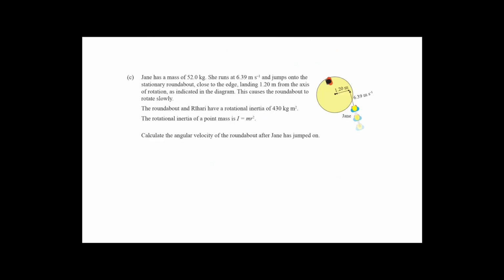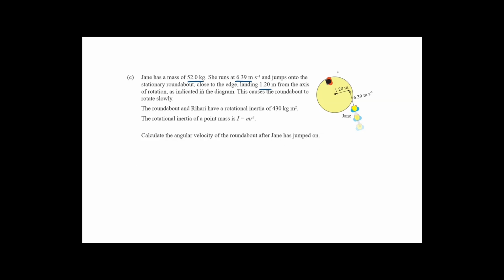So for this question, Jane now takes a run at the roundabout and jumps onto it, and she is 52 kilograms. That's her mass. She's running at 6.39 meters per second, and she jumps onto the roundabout, and it takes her energy and her momentum close to the edge, landing 1.2 meters from the axis of rotation.